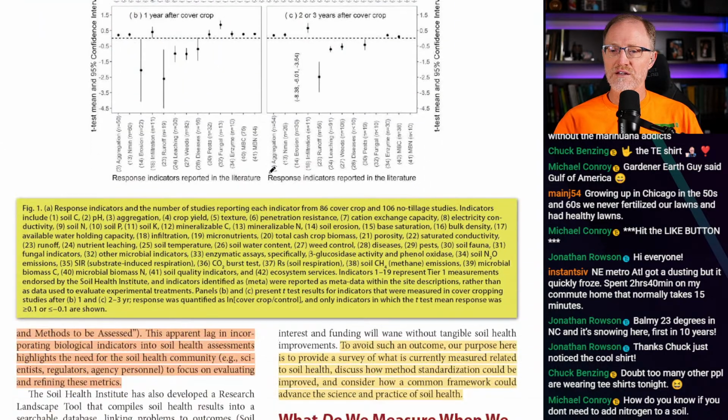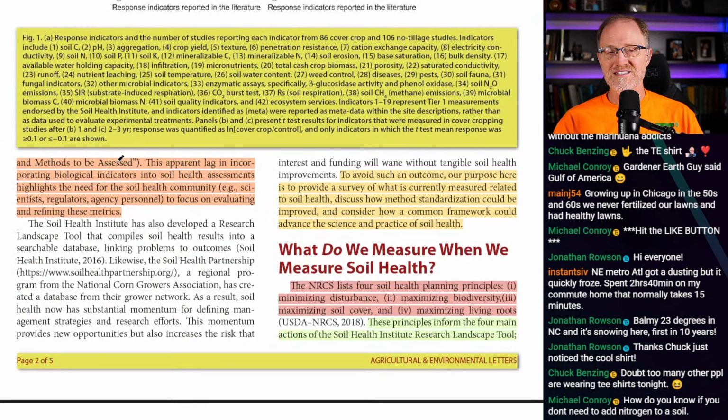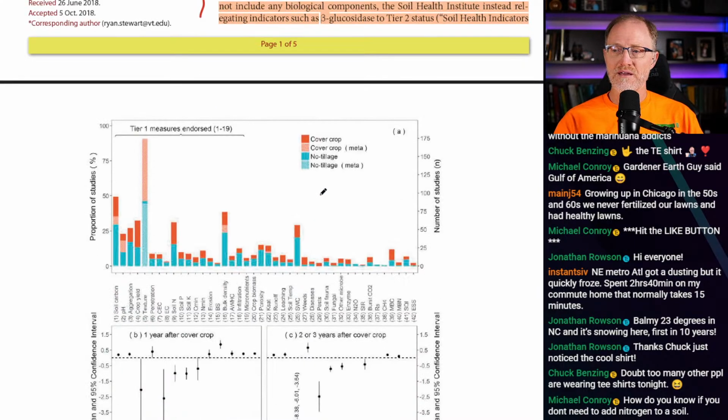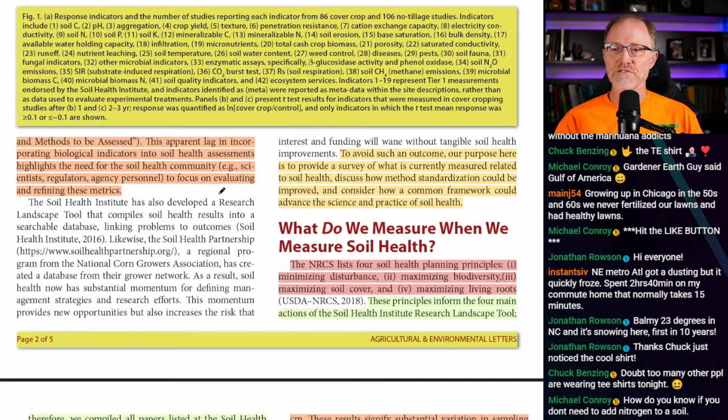So Tier 1 is what they label as the main variables, and Tier 2 are yet to be assessed, or methods that need to be assessed. This apparent lag in incorporating biological indicators into soil health assessments highlights the need for the soil health community to focus on evaluating and refining these metrics.